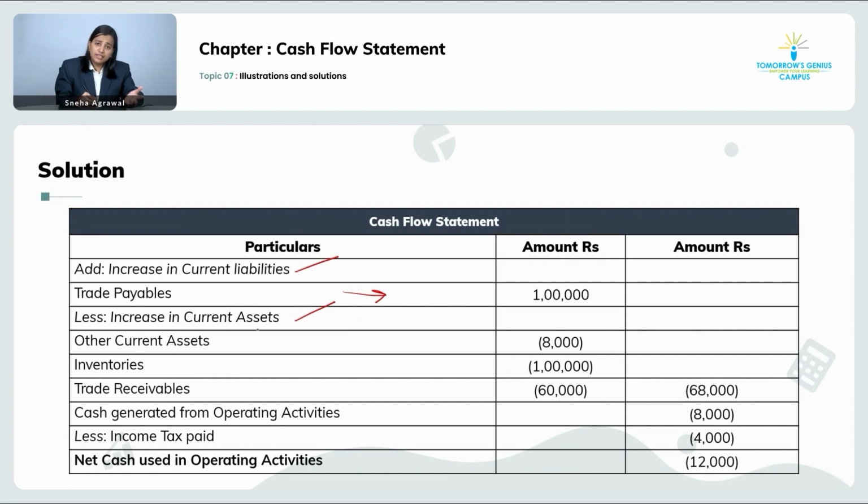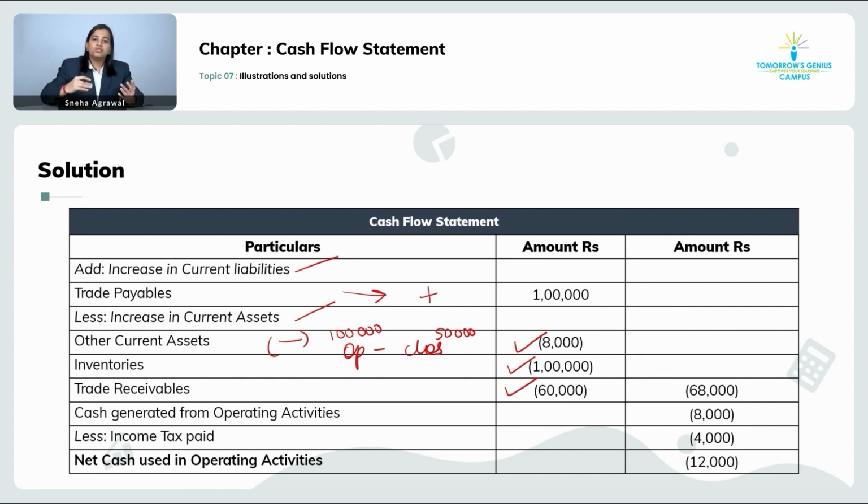If my current asset increases, we need to deduct it. If current assets are decreased, you need to add it. On the same lines, I have deducted all the current assets which increased. Understand, I am taking the difference as opening less closing balances and not closing minus opening. So if it is 1 lakh and closing is 50,000, then 50,000 will go and sit here.